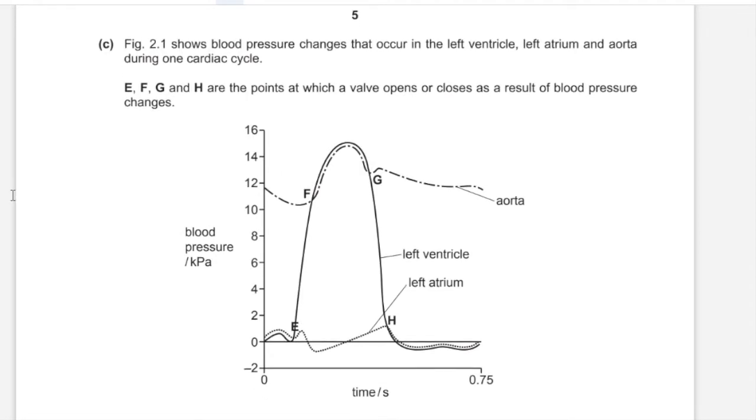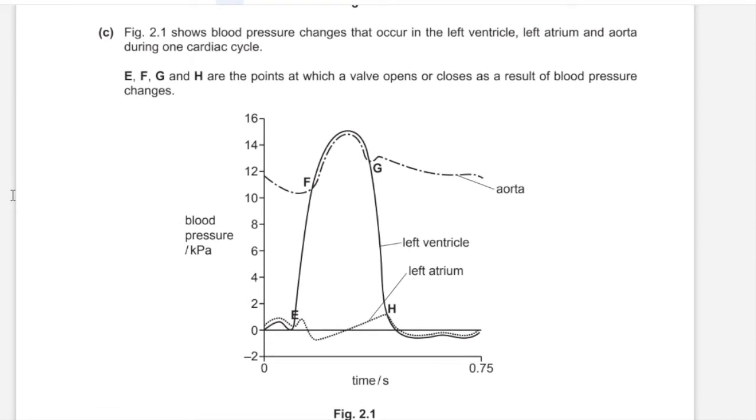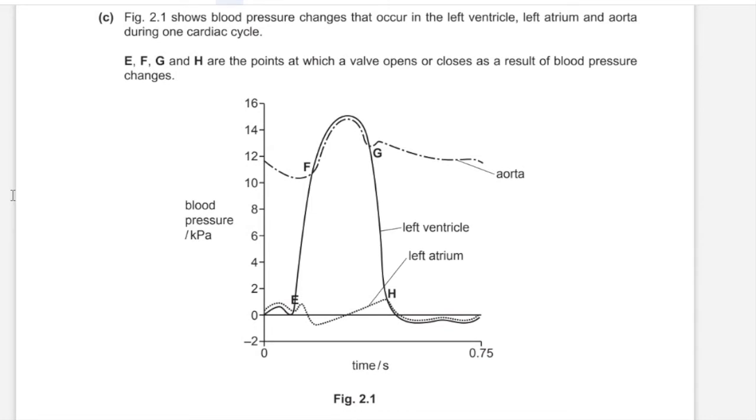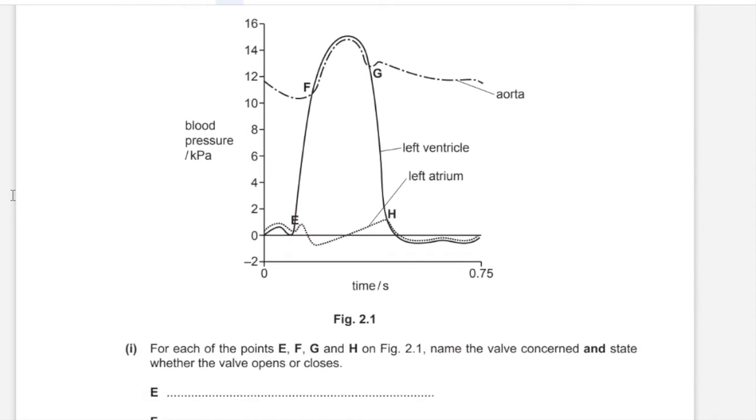Figure 2.1 shows blood pressure changes that occur in the left ventricle, left atrium, and aorta during one cardiac cycle. E, F, G, and H are points at which a valve opens or closes as a result of blood pressure. 1. For each of the points E, F, G, and H on Figure 2.1, name the valve concerned and state whether the valve opens or closes.